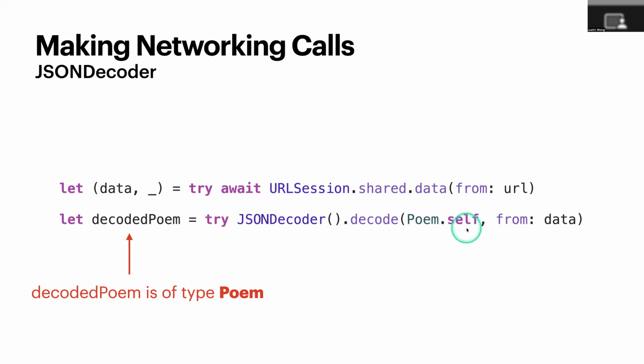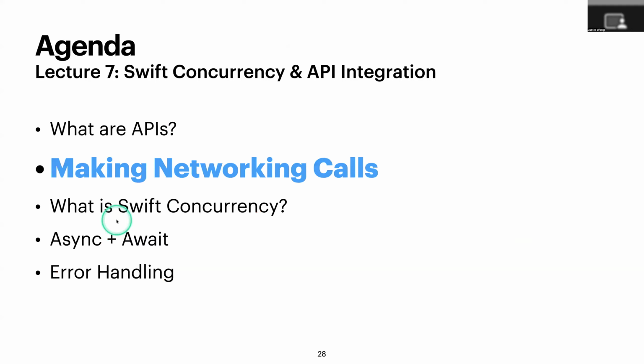Remember that .self on a type is simply saying the type. And then the second argument is the data that we get back from URLSession.shared.data. The result that we get back is an instance of type Poem whose properties we can access. For example, we do decodedPoem.author and get the author.